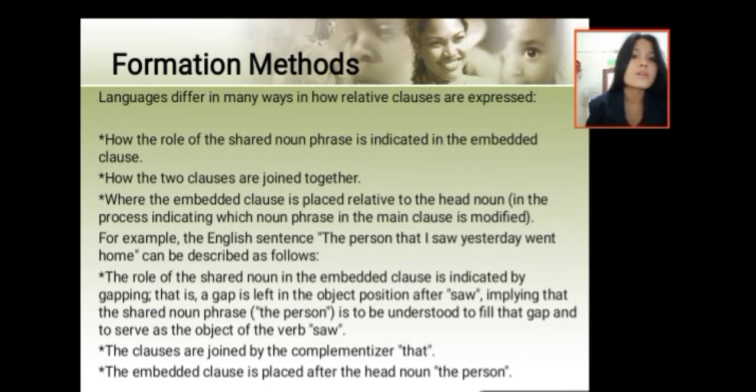The role of the shared noun in the embedded clause is indicated by gapping, that is, a gap is left in the object position after saw, implying that the shared noun phrase, the person, is to be understood to fill the gap and to serve as the object of the verb saw. The clauses are joined by the complementizer that. The embedded clause is placed after the head noun person.